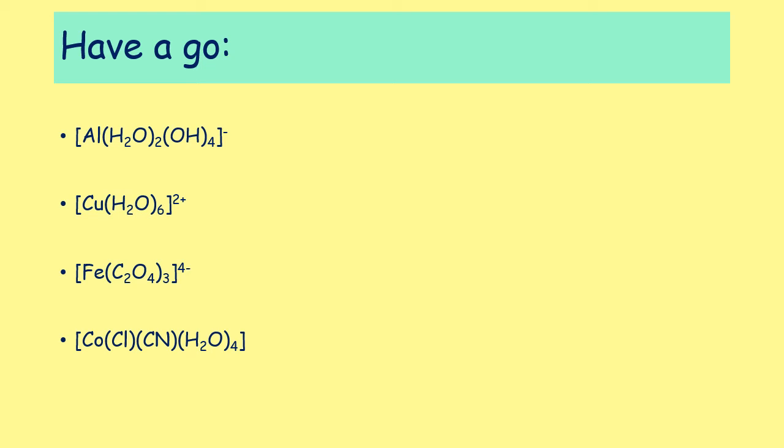So here we see the first one. It's aluminium, it's got water and it's got hydroxides, so it's going to be an aqua and a hydroxido. It's also negatively charged, so that means that aluminium is going to need to change its name. So what we have is diaqua tetrahydroxido, remember alphabetical order, aqua before hydroxido.